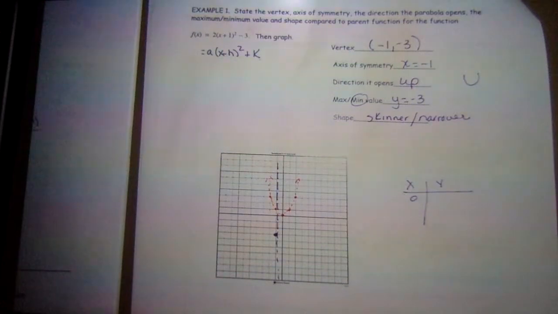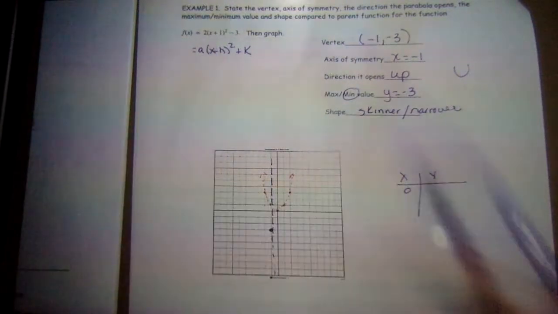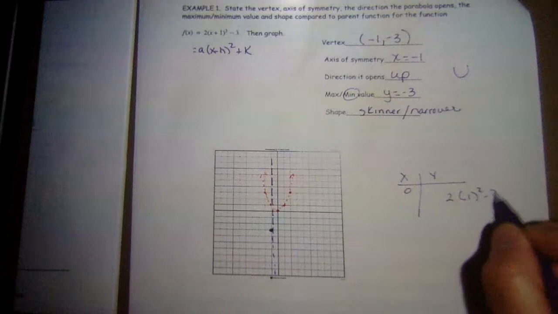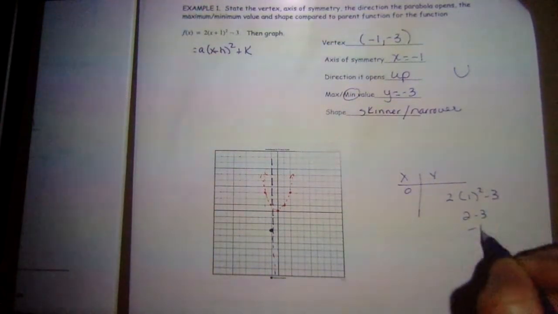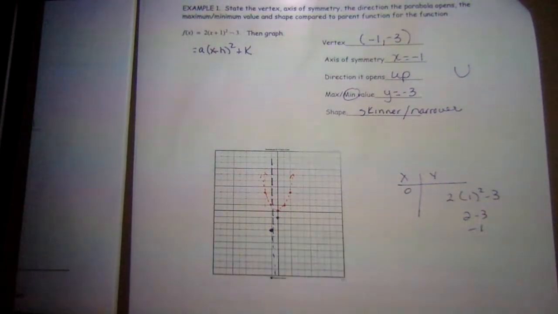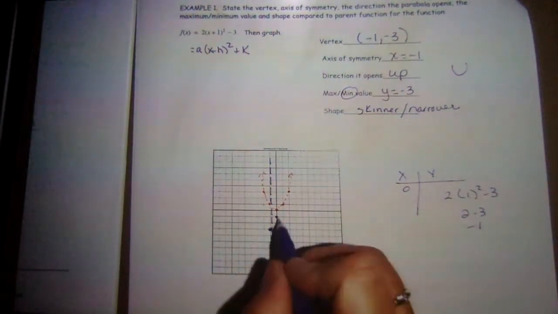What happens then when I plug in 0 for x? That's 2 times 1 squared minus 3, which is 2 minus 3, which is negative 1. So 0, negative 1. And then, because the axis of symmetry acts like a mirror, I know I have another point here.